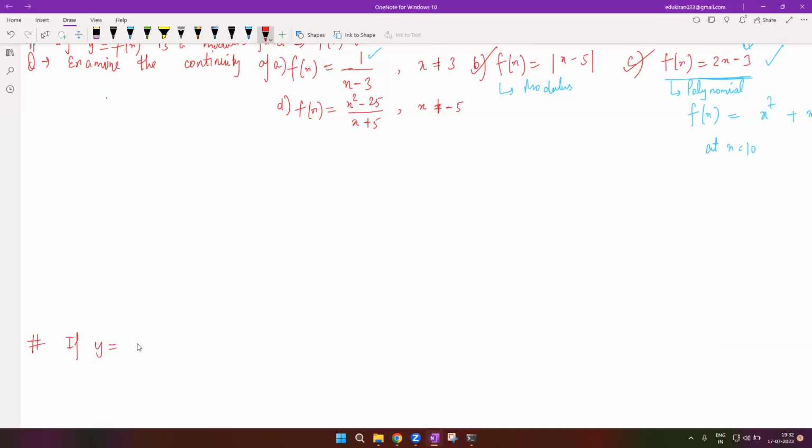If y is equal to f(x), basically, I will not write it as f(x). I will write it in its purest form. Purest form meaning, how do we define a rational function? A rational function will be something like this: p(x) upon q(x). So if y is equal to p(x) upon q(x), if y is this kind of a function, which is known as what? Rational function.